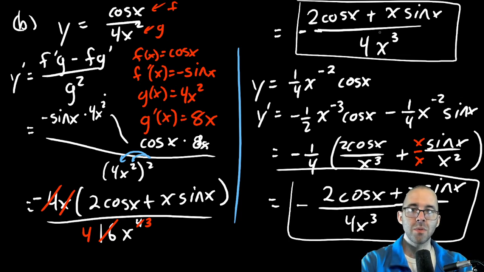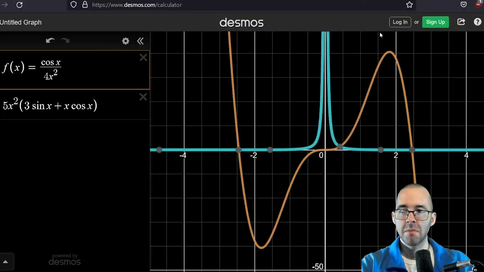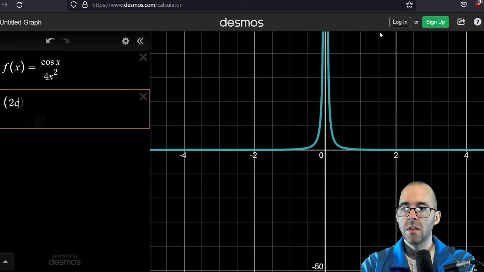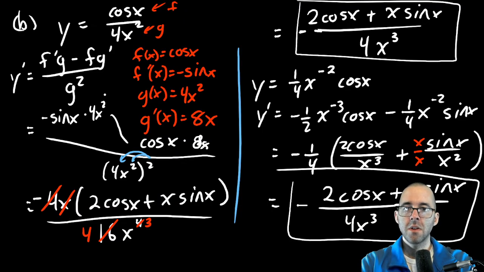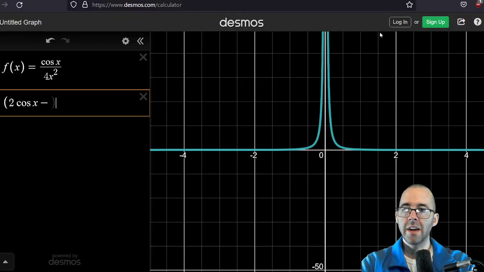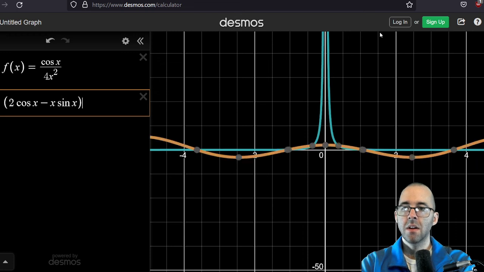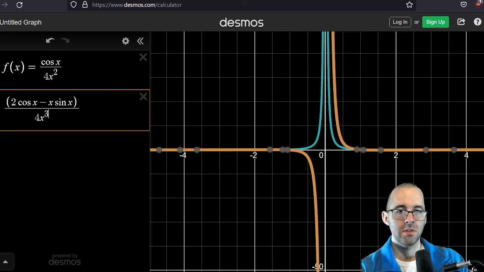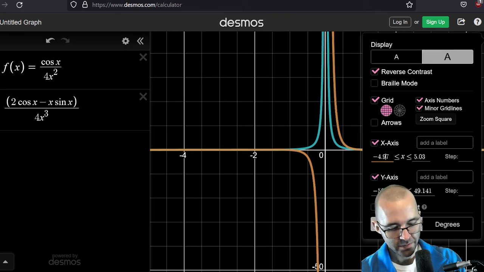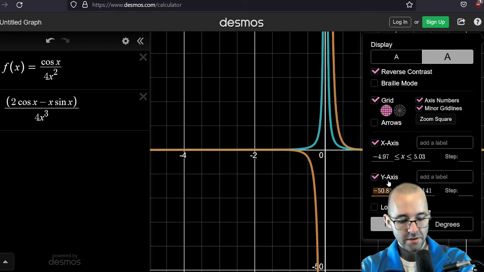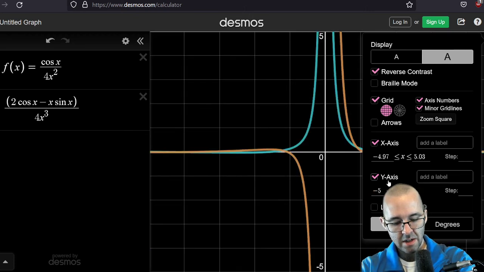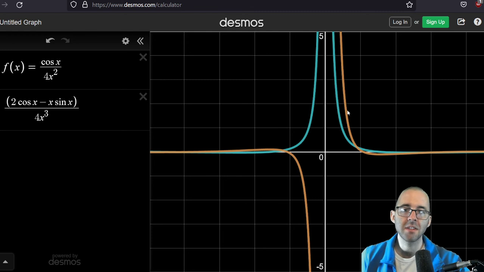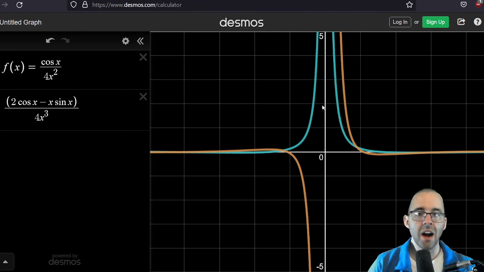My error was writing it as 2 cosine of x minus x sine of x, which is what I wrote, over 4x cubed. So this is what I wrote. And I'm curious, I don't know the answer to this, but would the graph have tipped us off that I made a mistake?